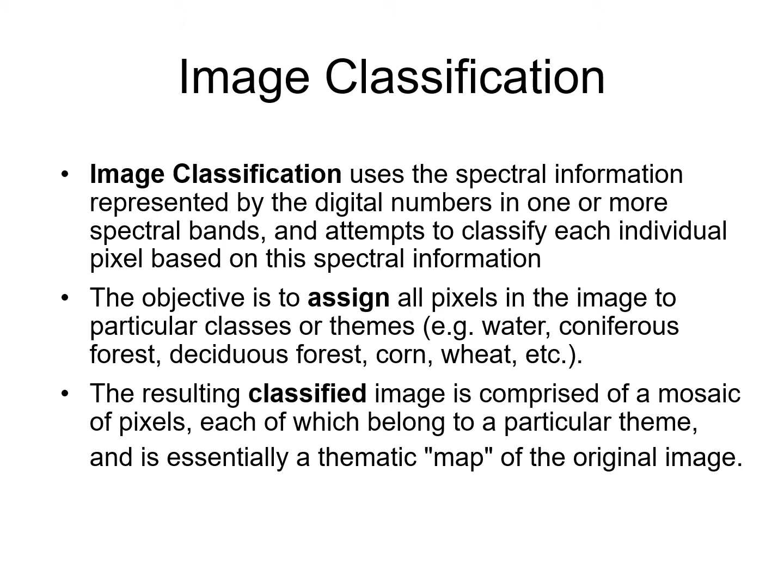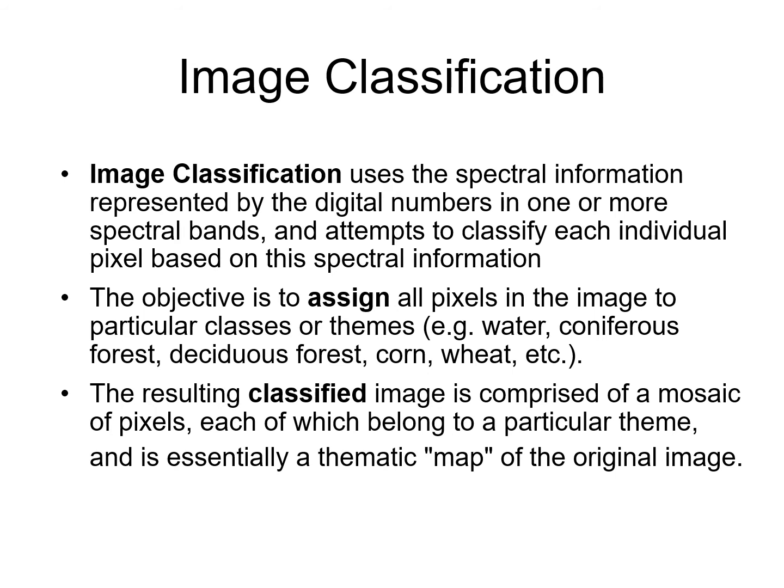So, image classification, just using the spectral information represented by digital numbers, or whether those are radiance, or you could be using reflectance information depending on the image source you're using. And of course, you're probably using more than one spectral band to characterize each pixel and assign a class to each pixel.